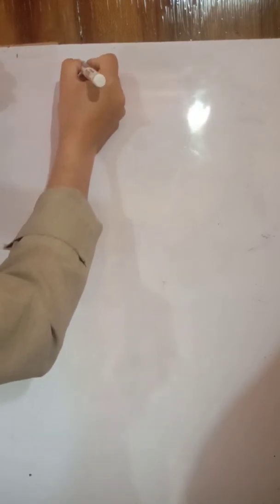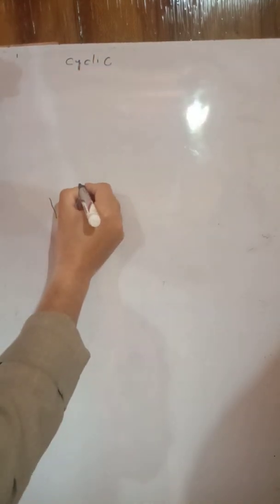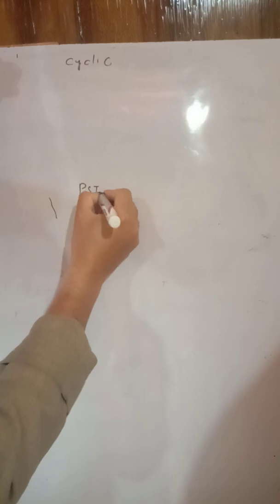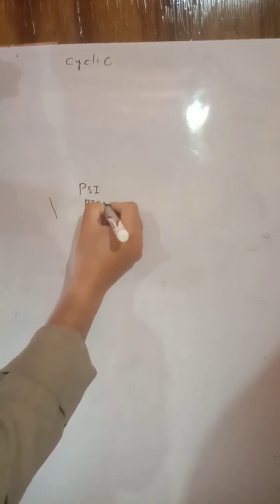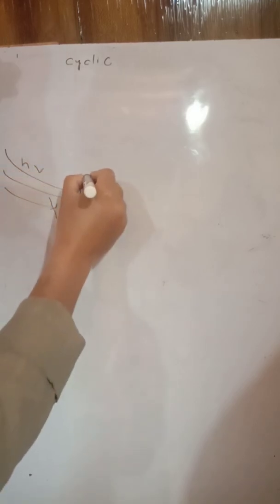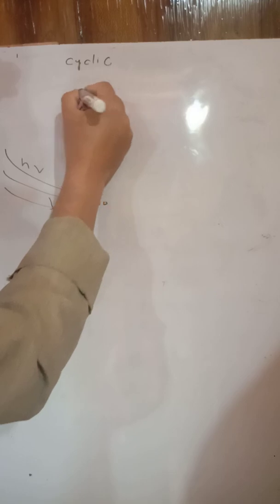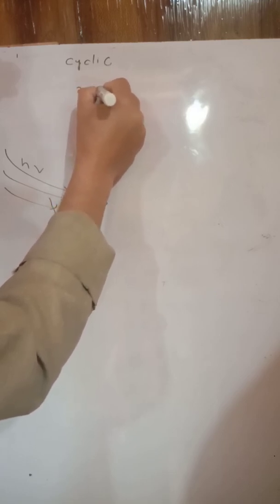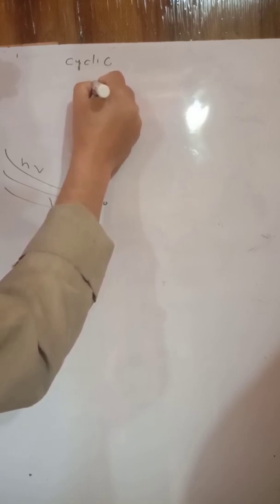There are two types of photophosphorylation, namely cyclic and non-cyclic. First of all, we will take cyclic. It is like this. It is pigment system first, P700. When light falls on it, it gets excited and forms P700 excited.